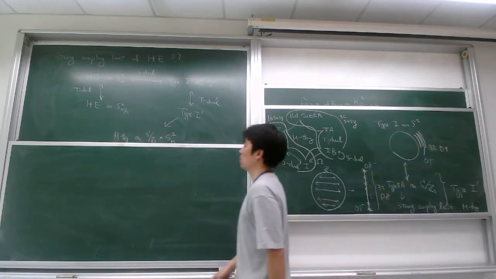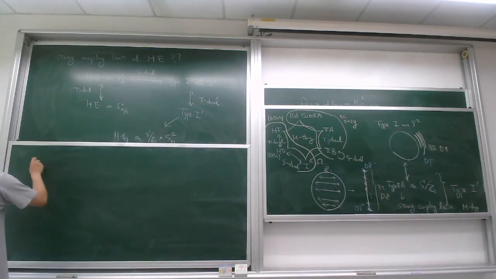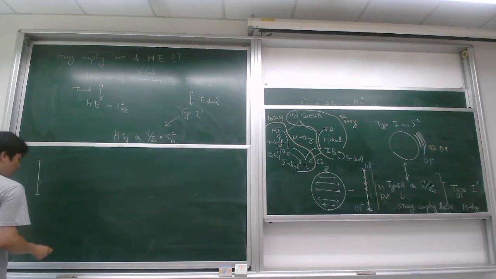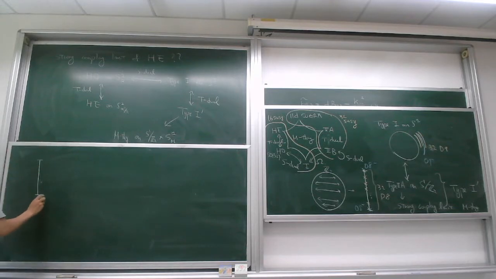So now, once you take the M theory limit, what's going to happen is as follows. So O8 minus and O8 minus are sitting here.